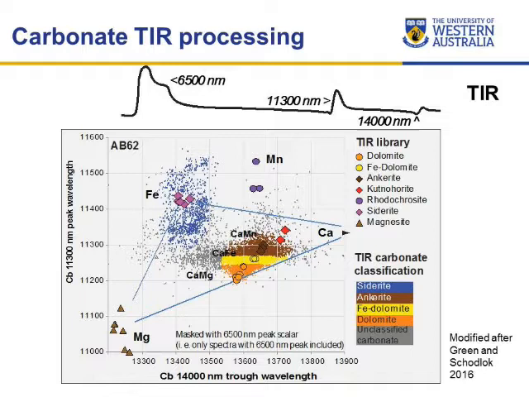Carbonates have 3 peaks, and this is modified after Green and Schodlok. The first peak filters out all spectra but carbonates, and the other 2 peaks identify the composition between siderite, iron dolomite, and ankerite.